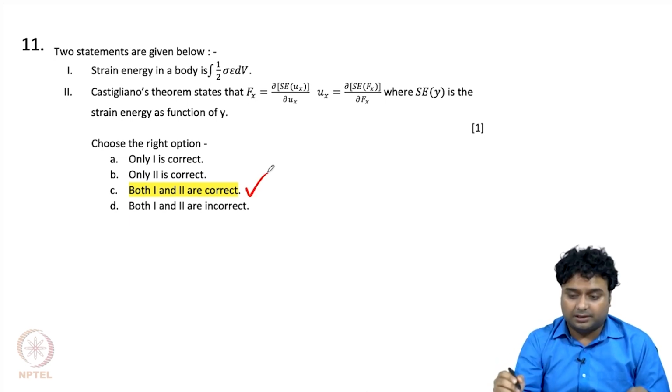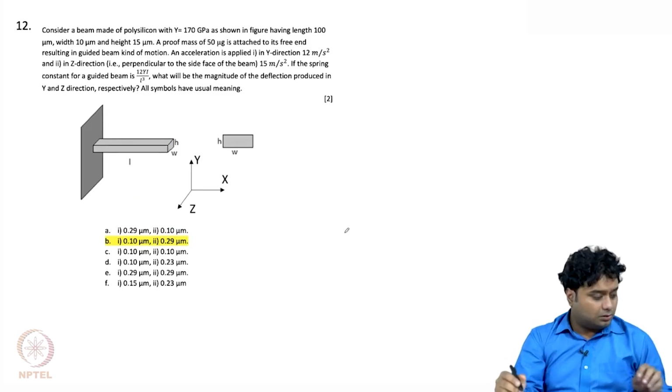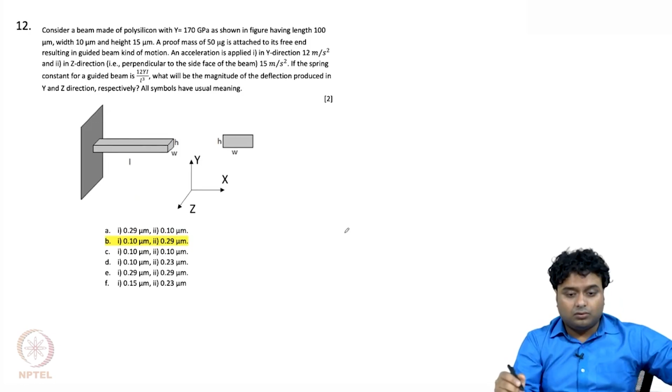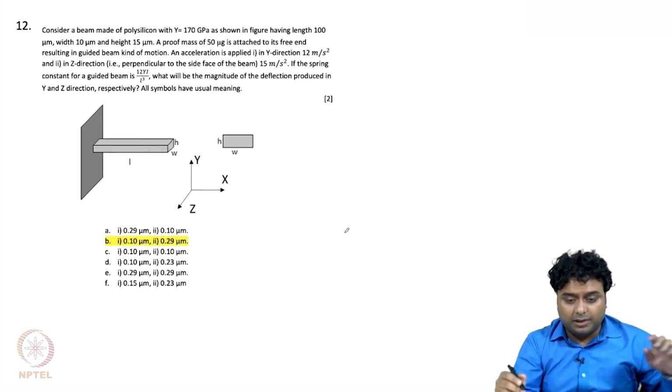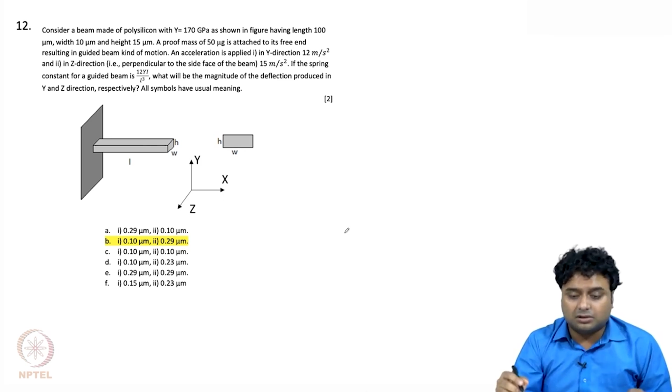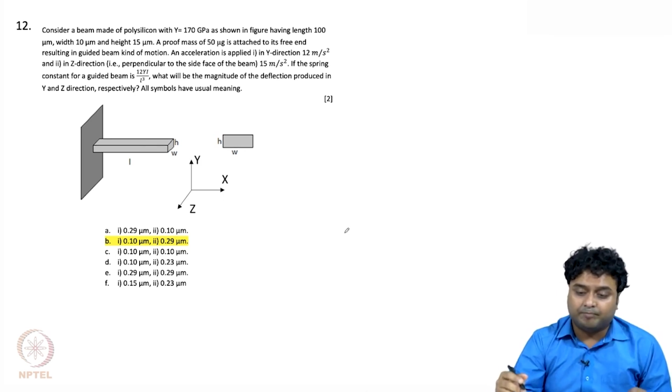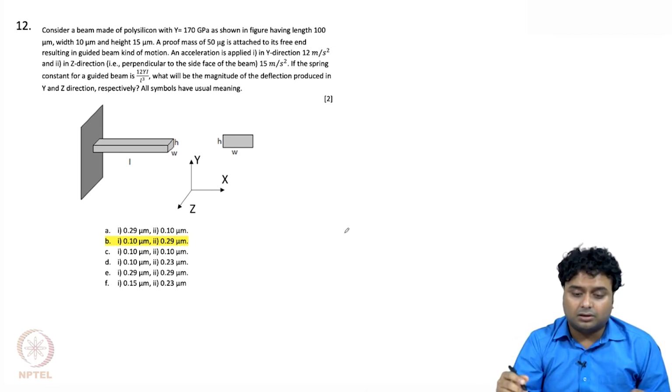So this is C. Now question number 12, there we are given a polysilicon beam, which has a Young's modulus of 170 GPa, length 100 micron, width 10 micron, and height 15 micron. Now a proof mass of 50 microgram is attached to its free end, resulting in a guided beam kind of motion.